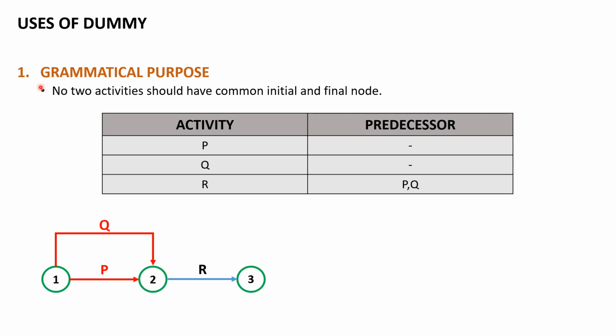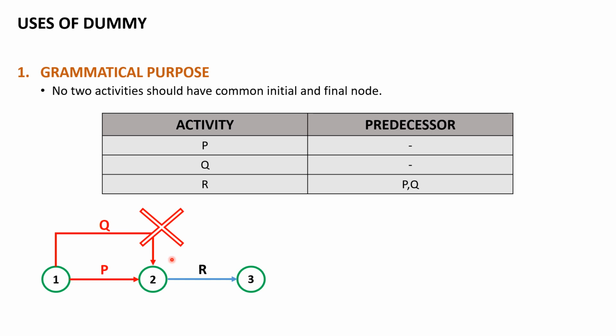As per the grammatical purpose, no two activities should have a common initial and final node. Here activities P and Q have a common initial and final node, so this type of drawing a network diagram is not permissible.